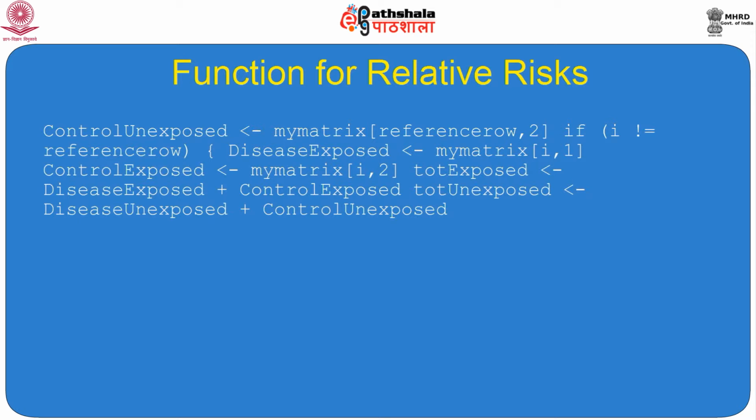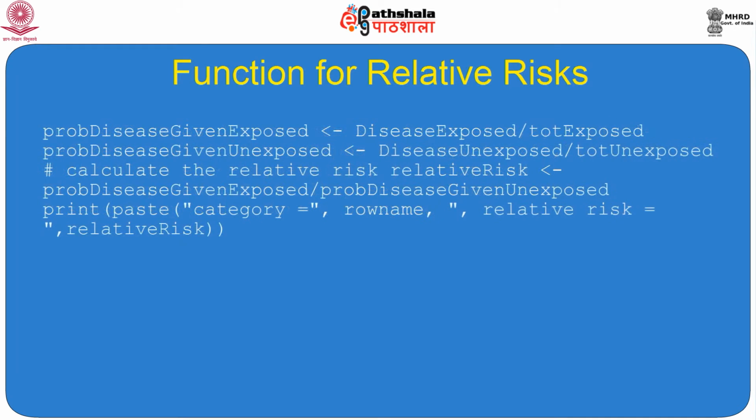Total exposed is basically the disease exposed plus the control exposed, and total unexposed is the disease unexposed in addition to the control unexposed. Now the probability of disease given exposed is defined as disease exposed divided by total exposed, and the probability of disease given unexposed is defined as disease unexposed divided by total unexposed.